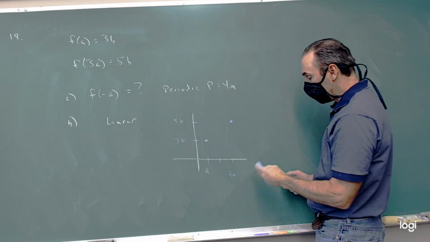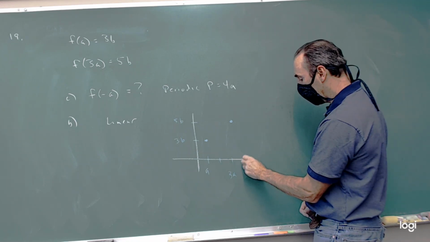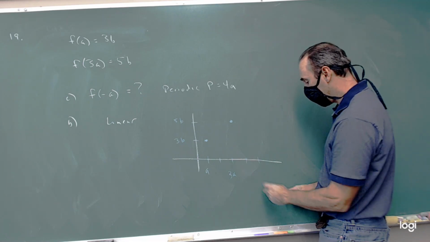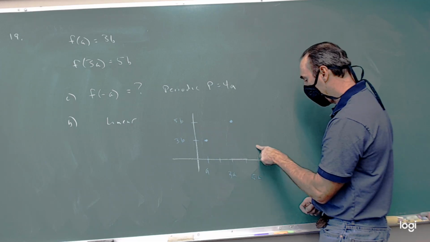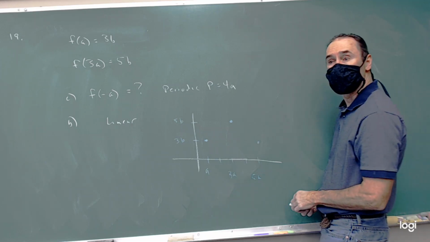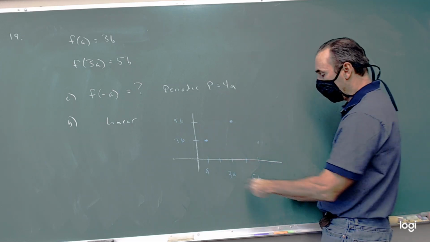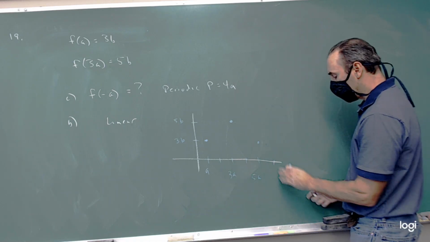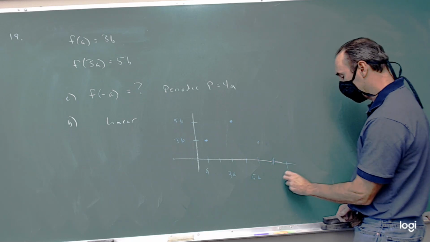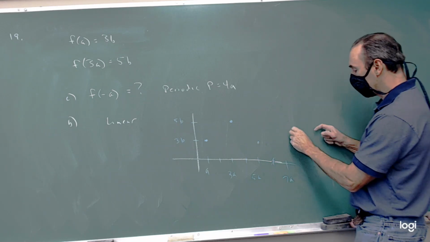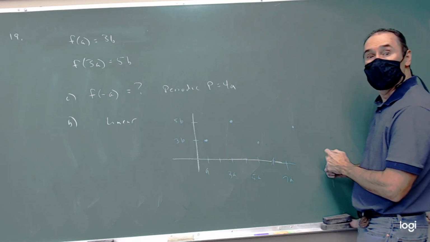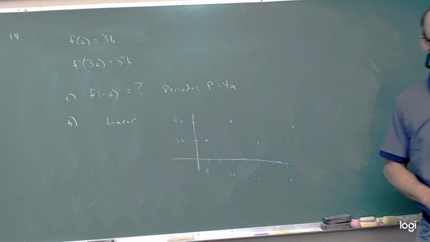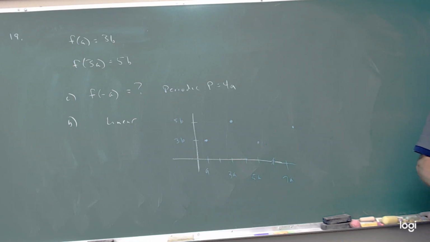So in general, if I go over 4a from 1a, that will put us at 5a, and that's going to be back at that same height. We're going to get right back to where we were. If I go 4a from the 3a, so that would put us at 7a, then I'm going to be the same height that we were there. And this will continue in each direction forever. That's what it means to be periodic.